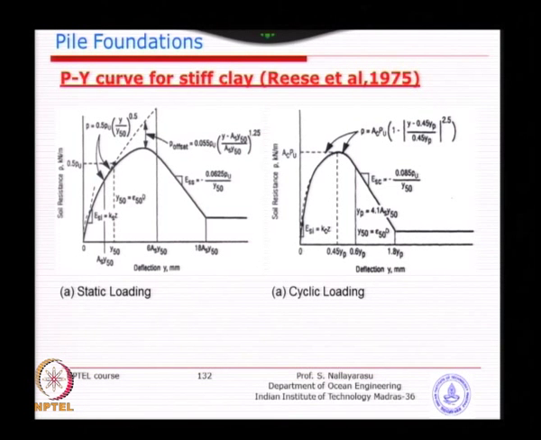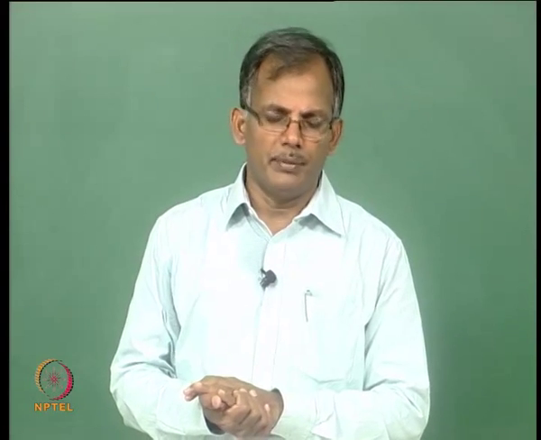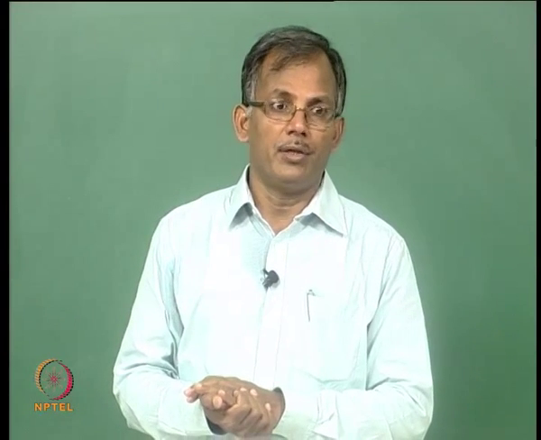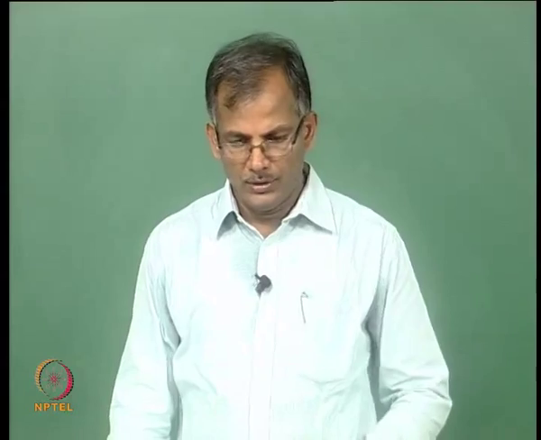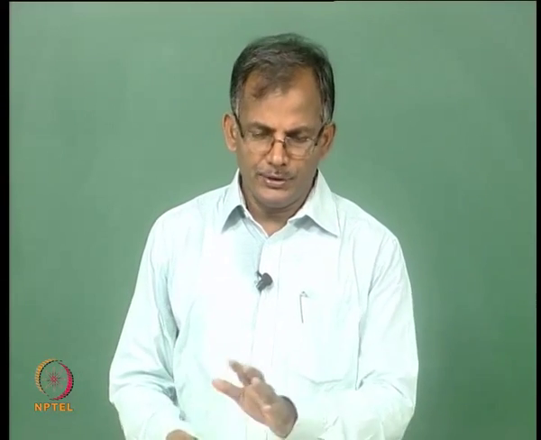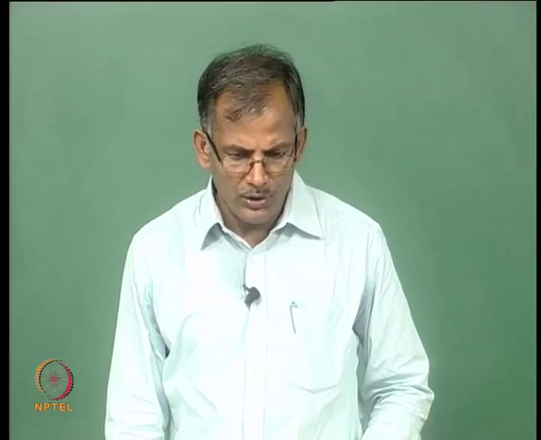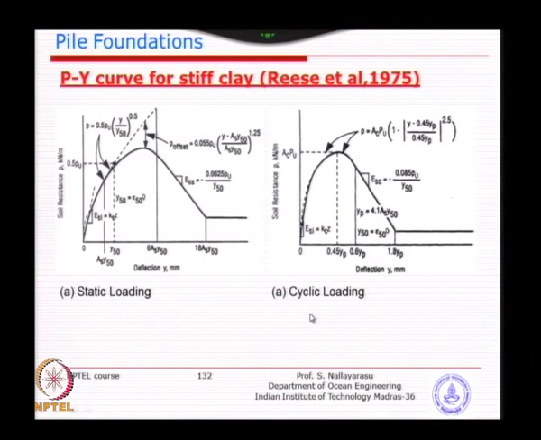So, the shape is a little bit complex, I would say, and it is described by equation 1, equation 2, equation 3, equation 4. There are 4 segments in the graph, instead of the simplified p-y graph we had for static loading of the soft clay. Soft clay was quite simple, and this he proposed based on his research work. Each of these terms we will look at in a table.